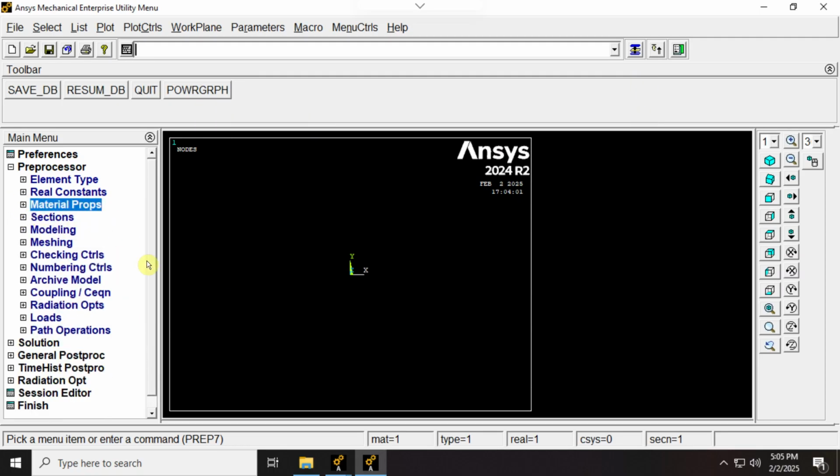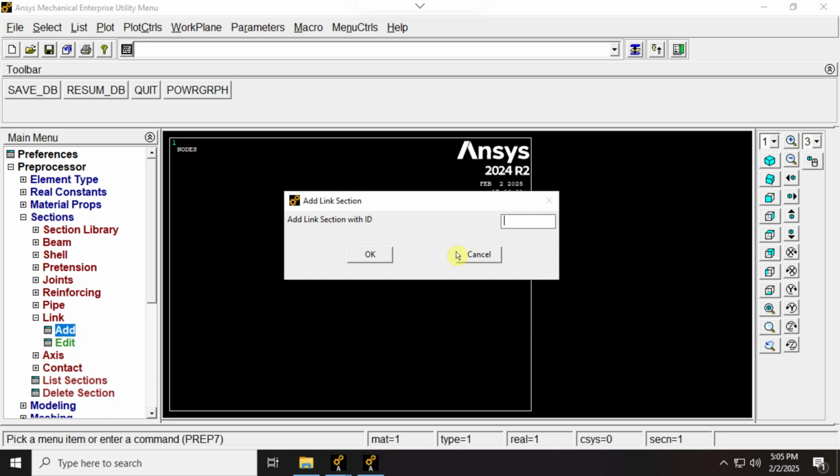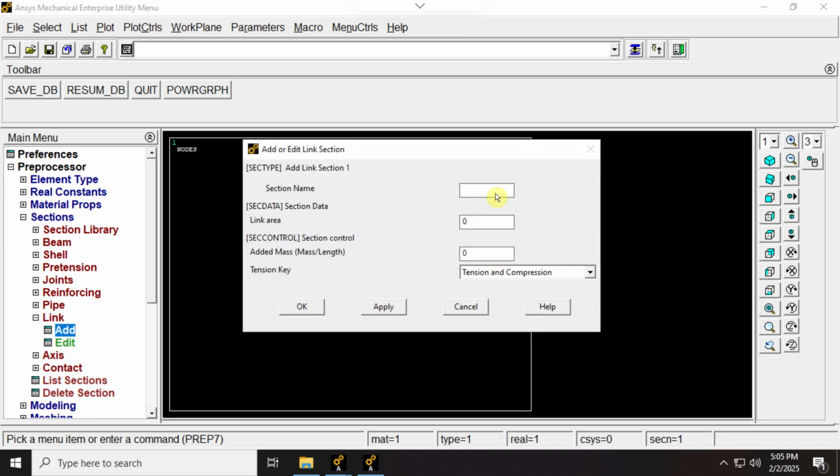For sections, we have to define 2 sections. For the steel cross-section area, the diameter is 2.25, so the radius is going to be 1.125. Then pi radius squared is going to give me 3.97608 for the steel.